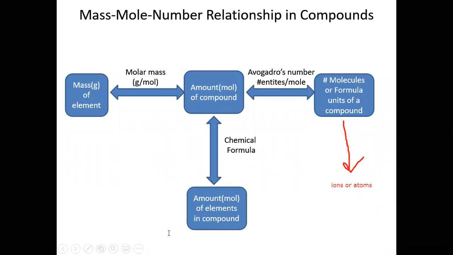Again, there's many different ways to do this, but if we're given mass of something, we can find the moles of that compound, and then we can find the molecules or formula units of that compound. And once we find the molecules or formula units, we can find the ions or atoms of that compound as well. And we do this from the chemical formula to go from molecules, formula units, to ions or atoms.